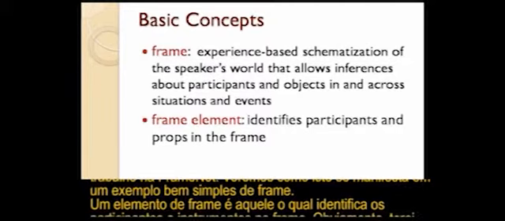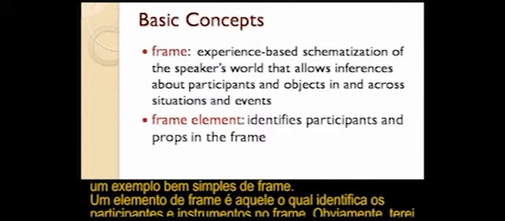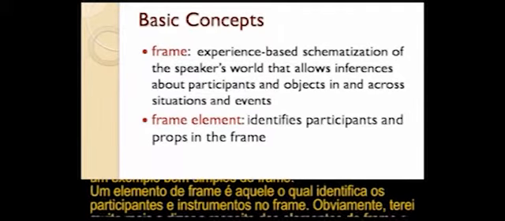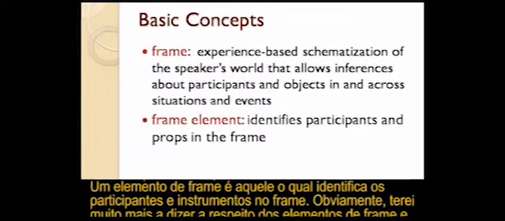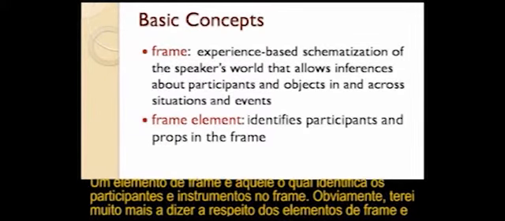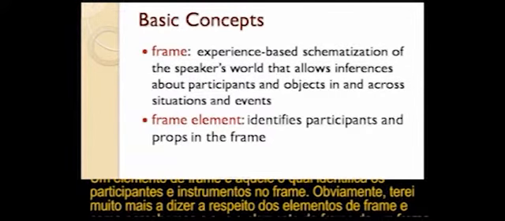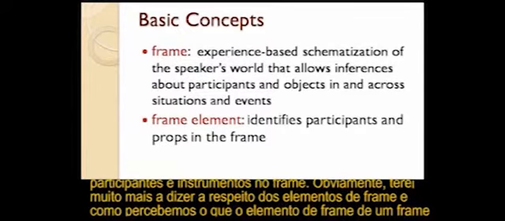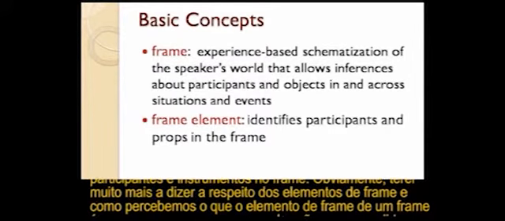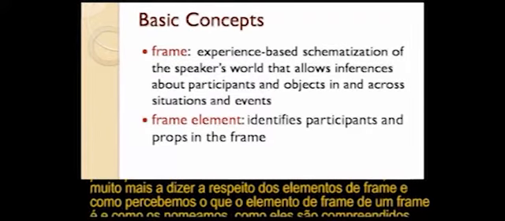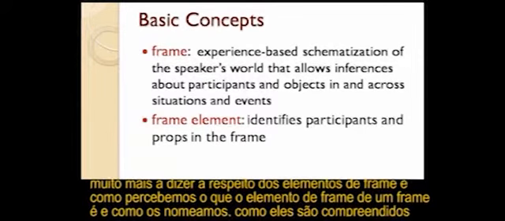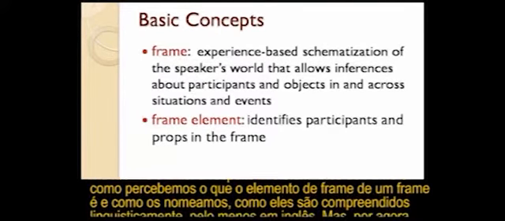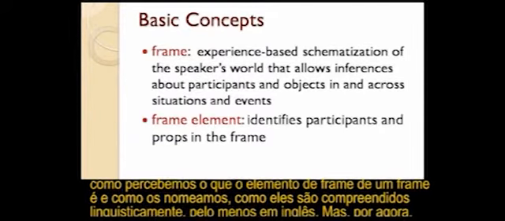A frame element is that which identifies the participants and props in the frame. Obviously, I'm going to have a lot more to say about frame elements and how we figure out what the frame elements of a frame are and how we name them and how they are realized linguistically, at least in English.